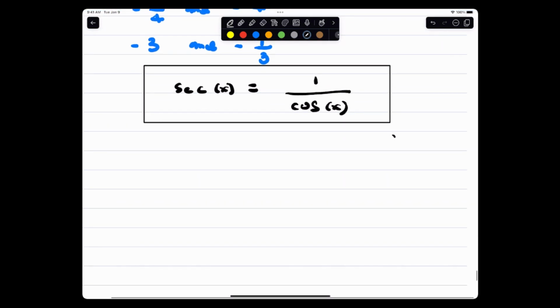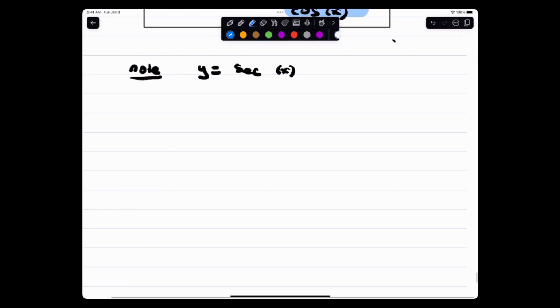And so I'm going to give you guys a note, generally speaking here. If we're going to look at the graph of secant, yes, we want to consider what? Cosine. You say, okay, Mr. Judge, I'm going to graph the cosine curve. Okay.